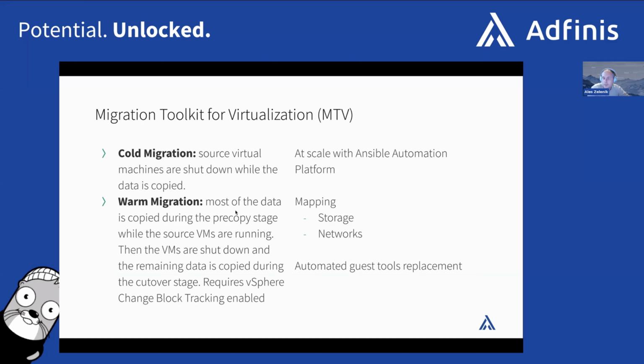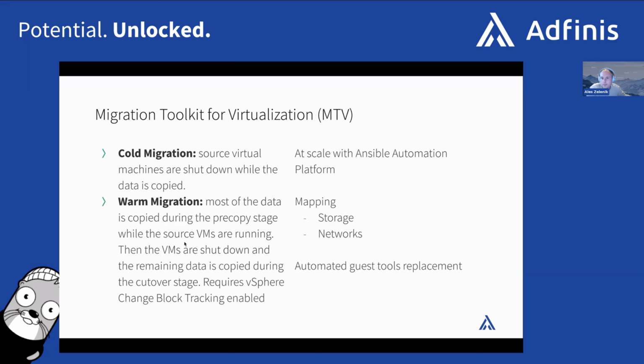You can provide a mapping to say, okay, I want disk A, B, or C to be mapped to tiers 1, 2, or 3 on your OpenShift side. The same goes for the network. By default, you map the default network to the overlay network, but if you have additional network interfaces, those definitions can also be provided here.